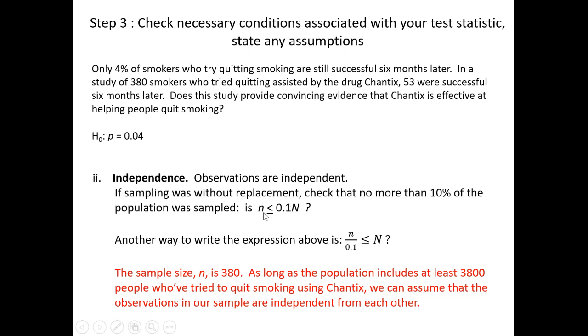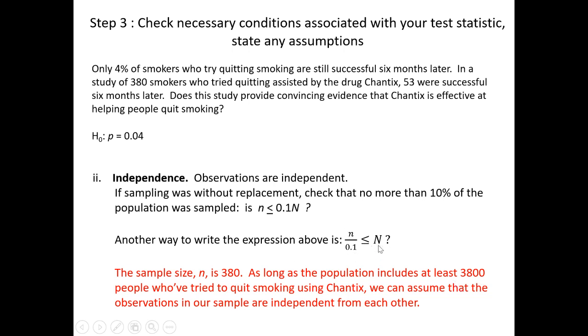Right, next, was no more than 10% of the population sampled? So one way to write it is the expression I showed you 2 slides ago. But if you divide both sides by 0.1, we can think about it another way. So our sample size divided by 0.1, is that less than or equal to the population size? Okay, so if n is 380 and we divide it by 0.1, that would give us 3,800.